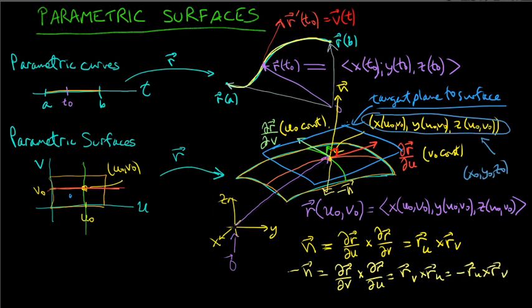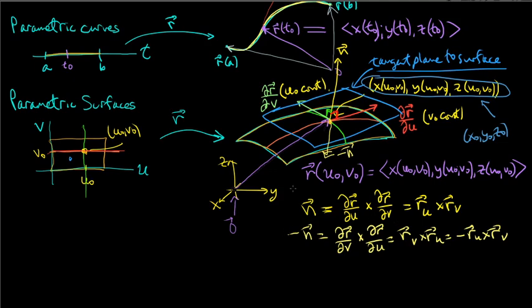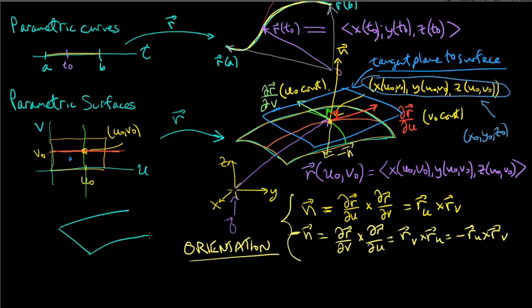And so you basically have to choose between which normal vector you want. When you choose which one of these vectors you want, the positive or the negative, we call that a choice of orientation. We'll talk about this a little later, but an orientation of a surface just means the surface has two parts to it.